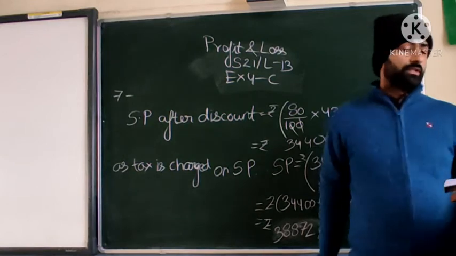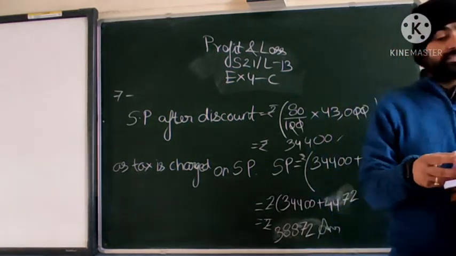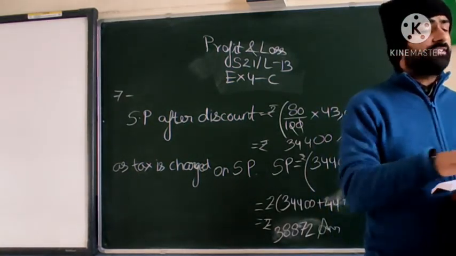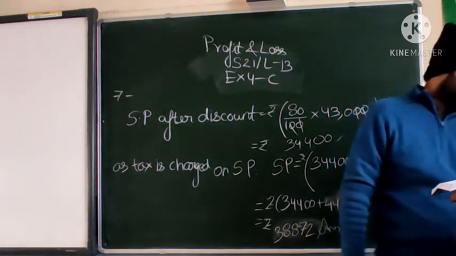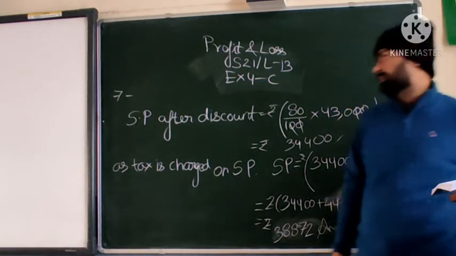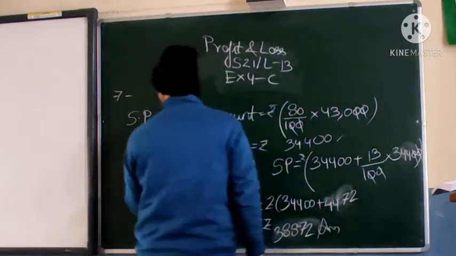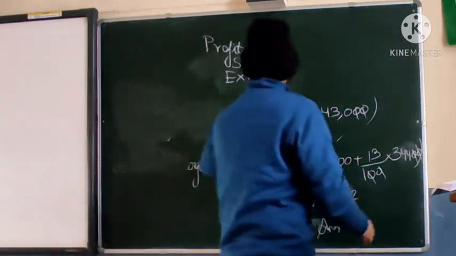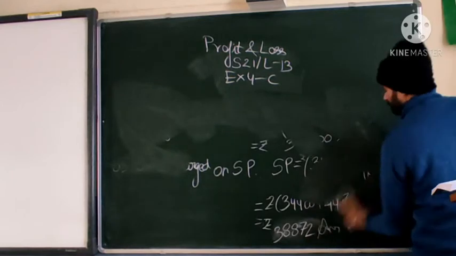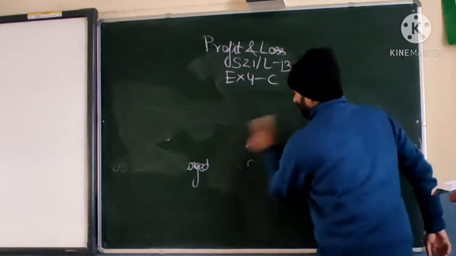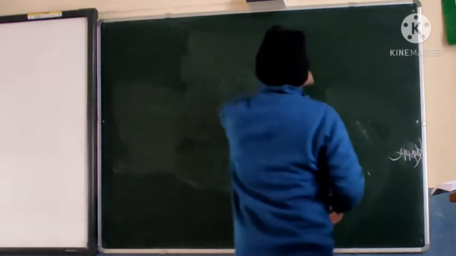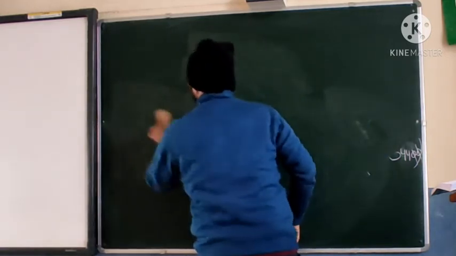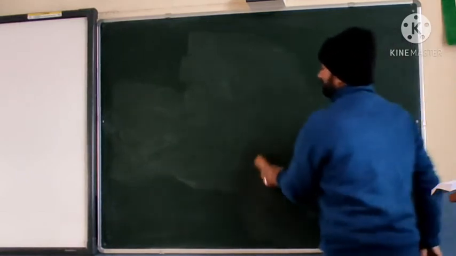Okay, now this completes this chapter, profit and loss. Now next topic is simple and compound interest. Now see, about this we have studied already a lot of things. You already know what simple and compound interest is. Simple interest was studied earlier.